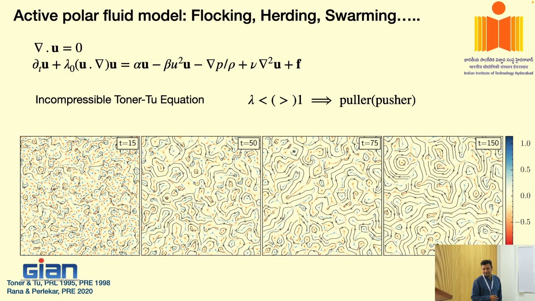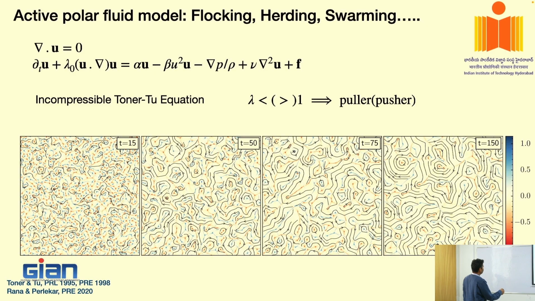Wait, guys, as an exercise, do you know why lambda 0 different than 1 breaks Galilean invariance? Those who have done the Navier-Stokes equation and Galilean invariance should be able to tell why, if you move away from lambda 0 equal to 1, the Navier-Stokes equation breaks the symmetry. So basically, you get rid of these two terms, okay?